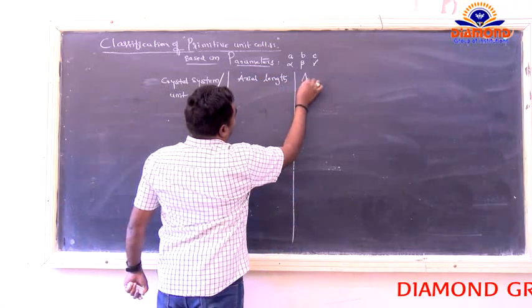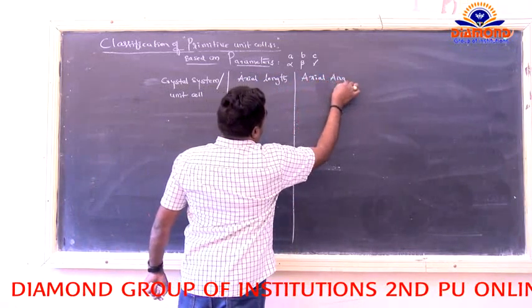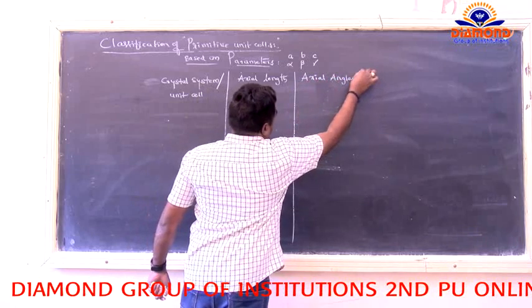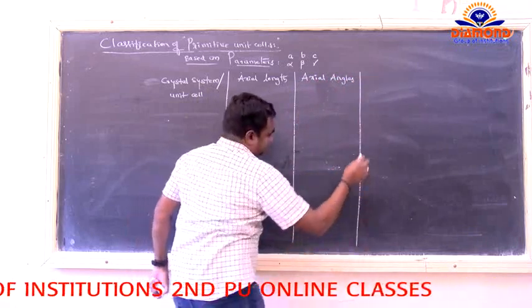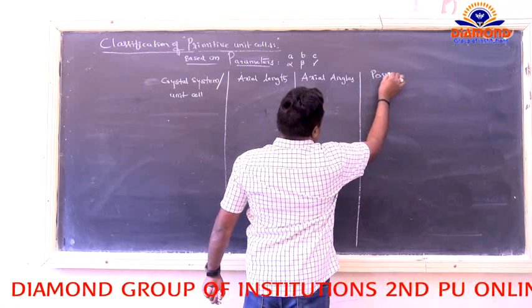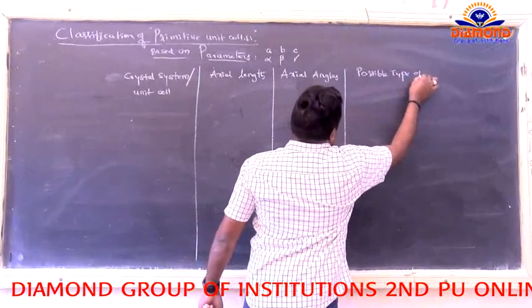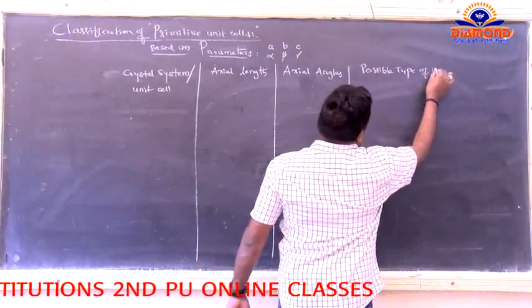Next column, axial angle. Next is the possible type of unit cell.